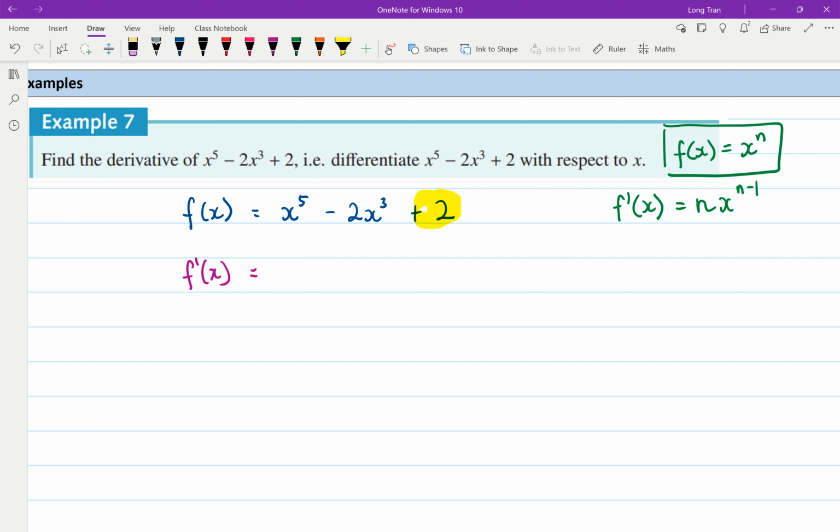So what Andre just picked up there was he said 2 is essentially the same thing as, and this is where students don't know what to do. These ones have the x's, and it feels easier. When you don't have an x, 2 is the same thing as writing 2 times 1. But 1 can also be written as x to the power of 0. So that's what he's doing. He's saying, all right, well, 2 is the same thing as writing 2 times x to the power of 0. Now I can differentiate that.